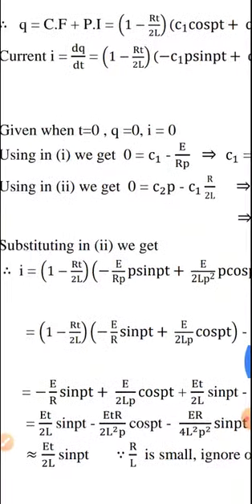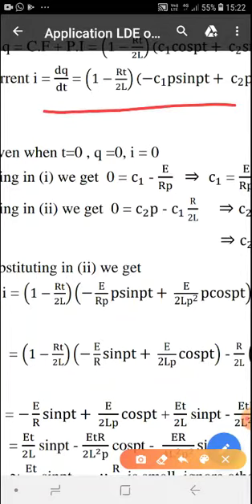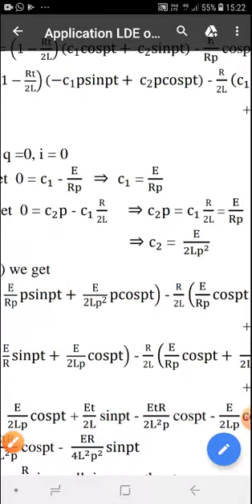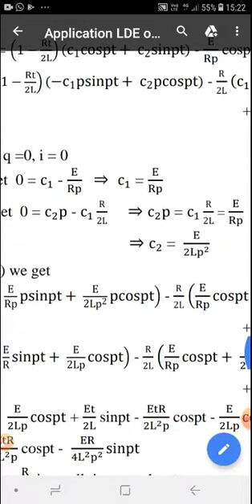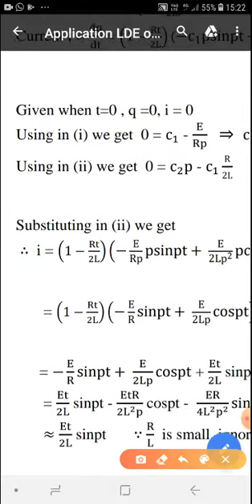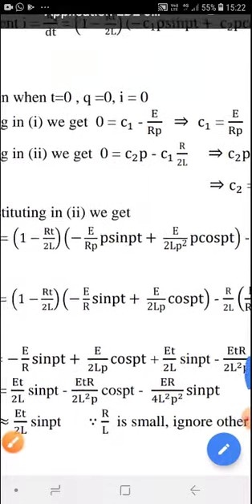So putting t as 0 and I as 0 in that equation, you get C2 as equal to E divided by 2L p square. C1 is E by Rp. Substituting, you get the expression for I.